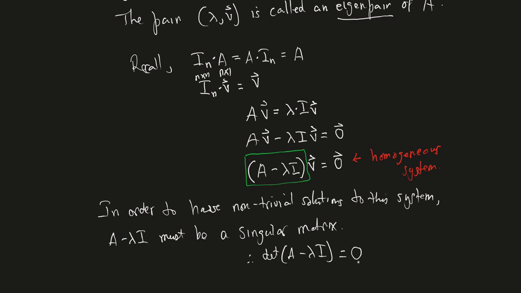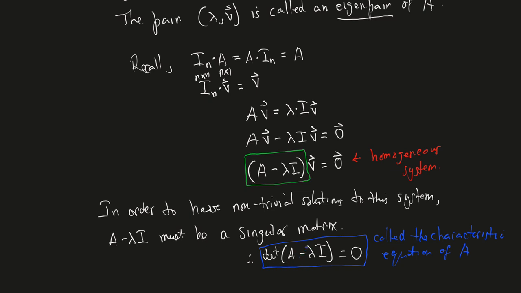And this is a fundamental equation. This equation right here is called the characteristic equation of A. What this equation allows me to do, if you notice, is that it doesn't have the vector v.